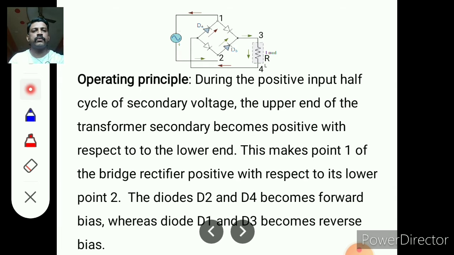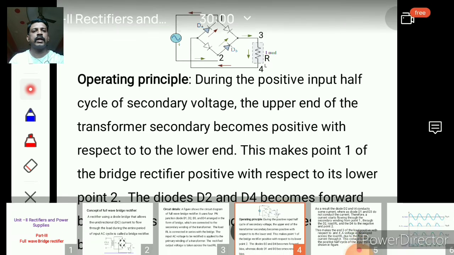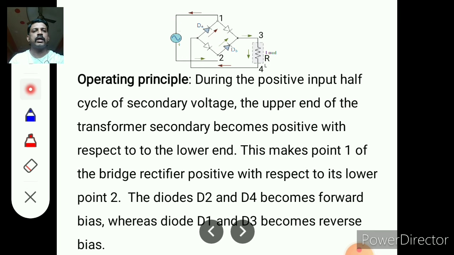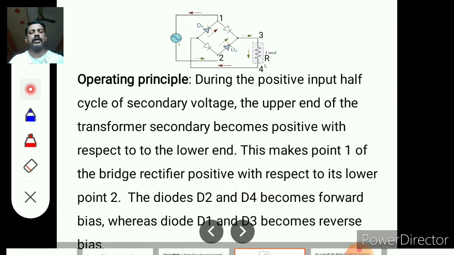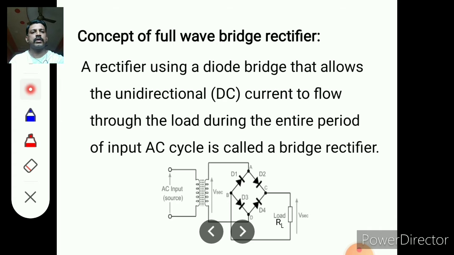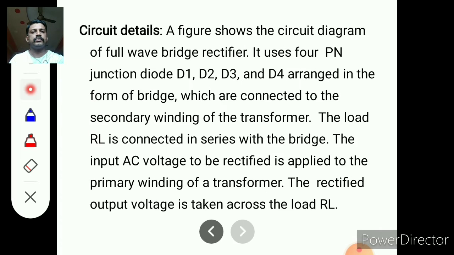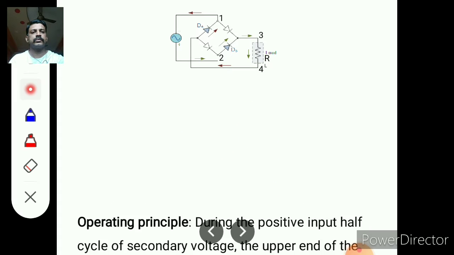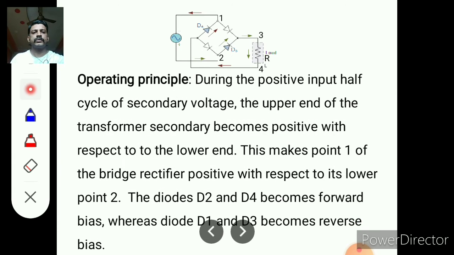Here we see diodes D1 and D2, and here D3 and D4. So diodes D2 and D4 are in forward bias, and at the same time diodes D1 and D3 are in reverse bias.